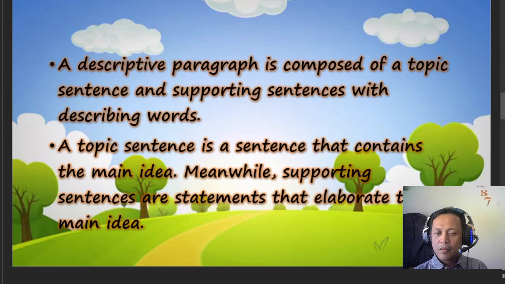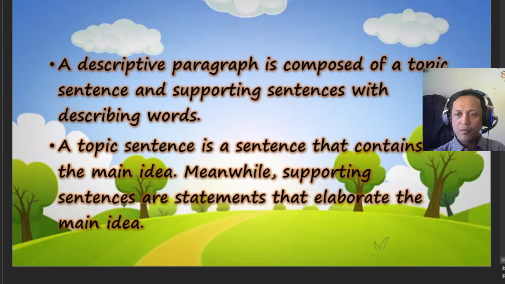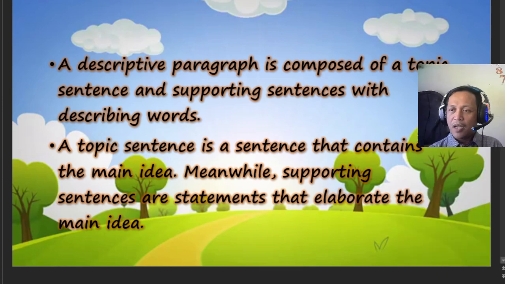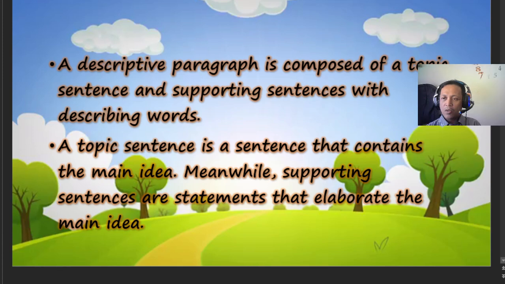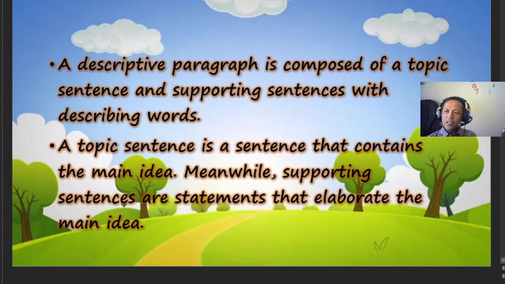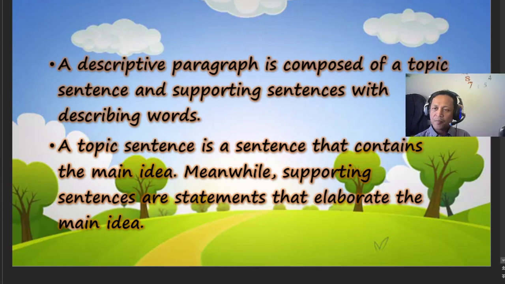As it is stated here, a descriptive paragraph is composed of a topic sentence with supporting sentences with describing words. The key idea here is to make sentences with describing words. Another thing to remember is that a topic sentence contains the main idea of the whole paragraph.